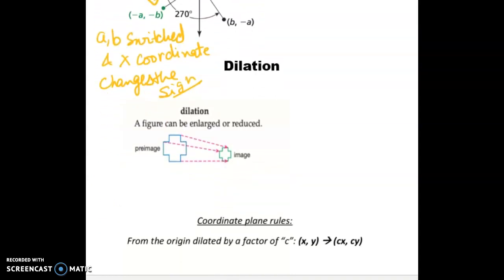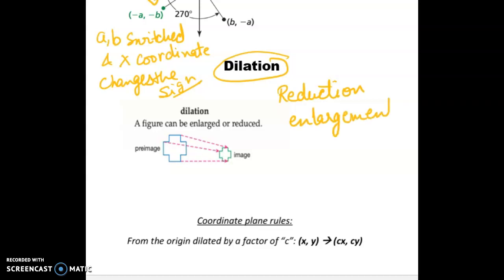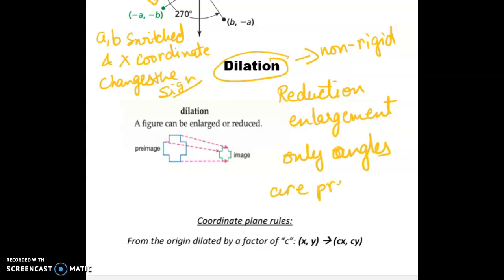Now the last one is called dilation. Dilation is enlargement or reduction. So when we are talking about a reduction or enlargement of an image, it is nothing but dilation. And another thing, we have discussed it earlier, dilation is non-rigid motion, only angles are preserved. Another thing for dilation is that we consider a scale factor.